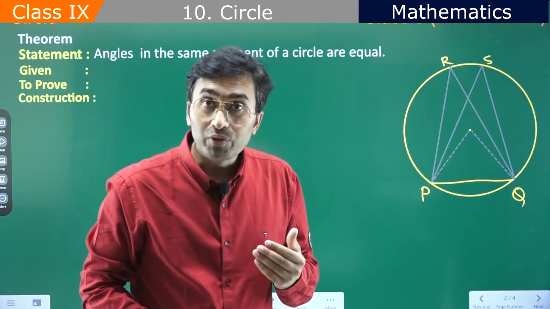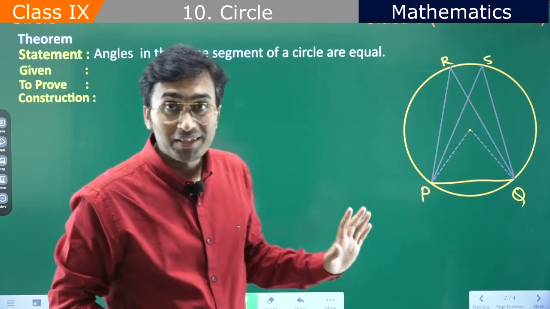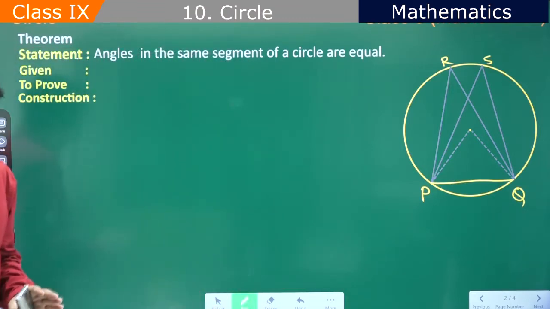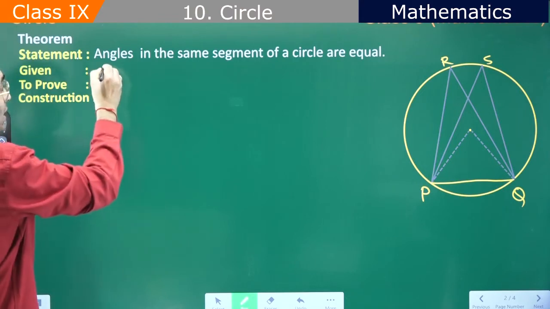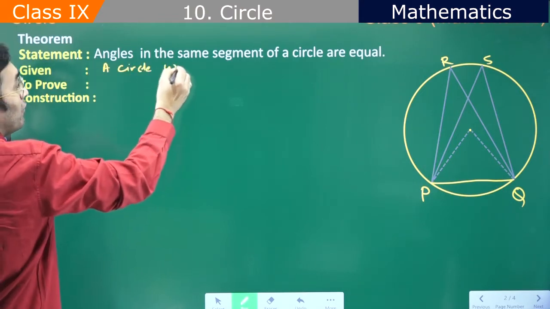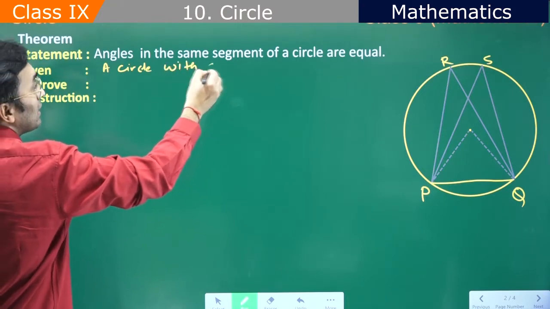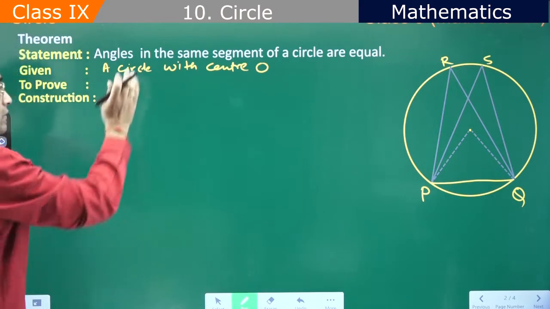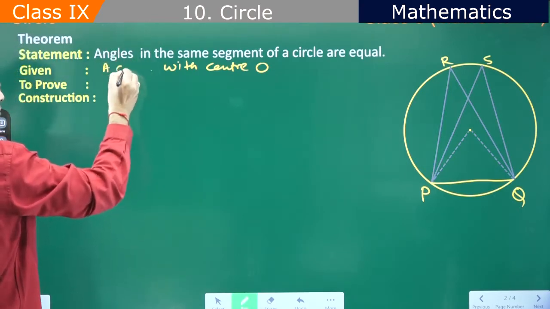Now what we have to do, we have to prove it. Now see, the given condition. What is the given condition here? We can write it a circle with center O. A circle with center O we can write.